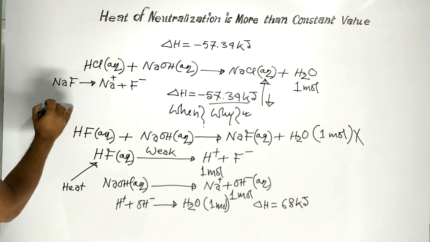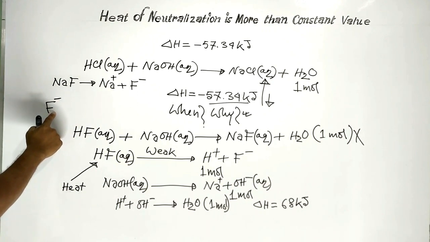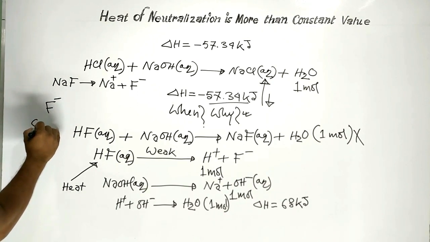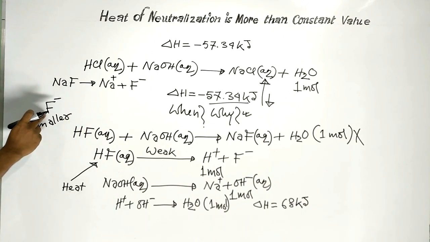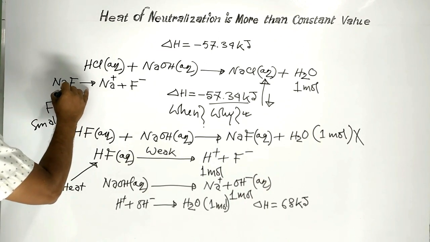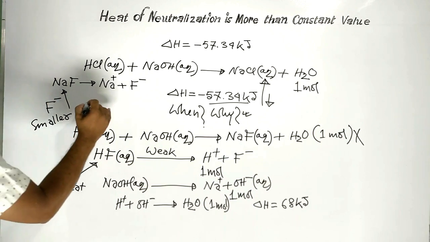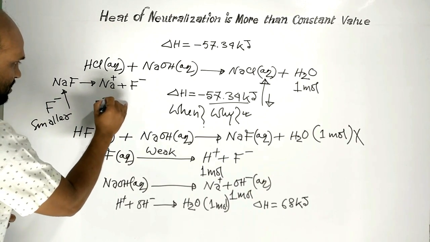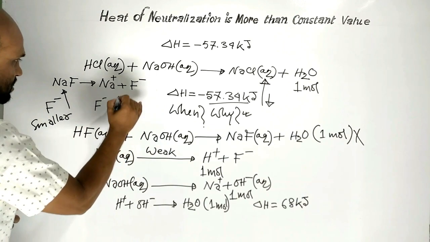Now let us see about fluoride ion. Fluorine is a kind of extremely small atom. That is why fluoride ion carries a high electron density. Here the electron density is very high. That is why fluoride ion is hydrated in this way.